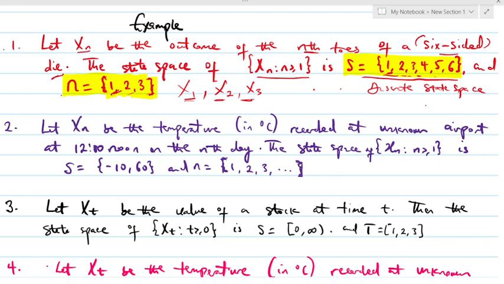Is that taken? Because this stochastic process is countable, it is finite, it is not uncountable, that makes this example discrete, because this nth time is discrete, it is countable.